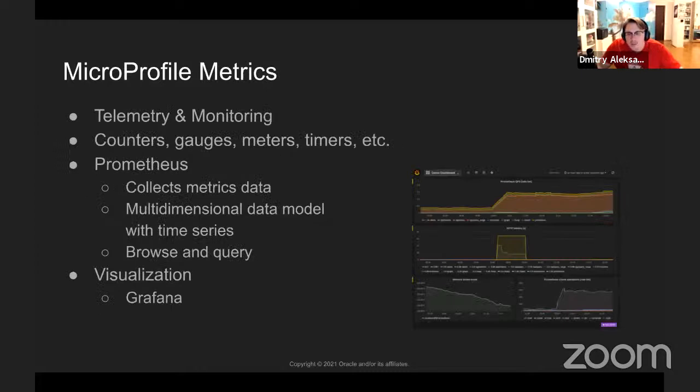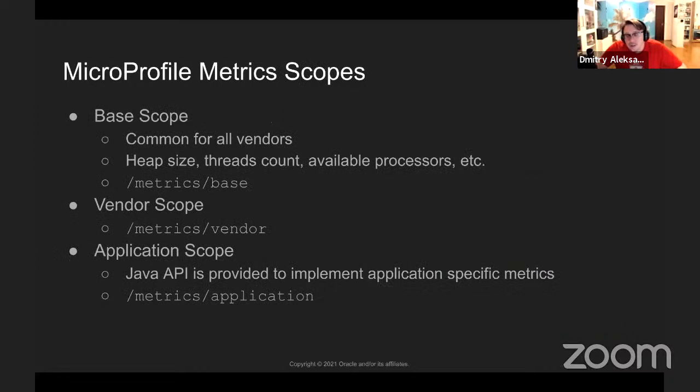It will provide you metrics, of course, in Prometheus format or in JSON format. It has everything from the specifications, like counters, gauges, meters, and so on and so on. This data you can visualize with Grafana. All the scopes are supported, like vendor-specific and base, of course. You get it out of the box.